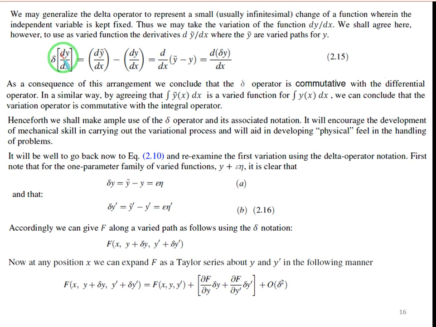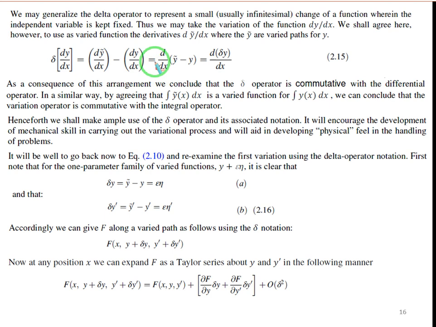Delta of d of y over d of x can be written, as we said in our formula, as d of y tilde over dx minus d of y over dx.